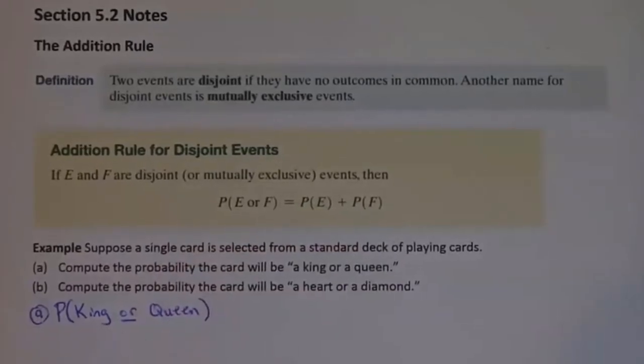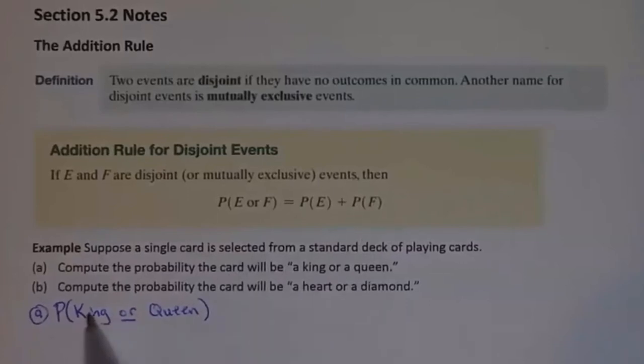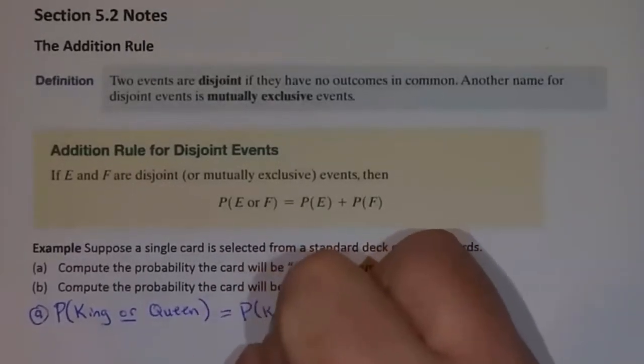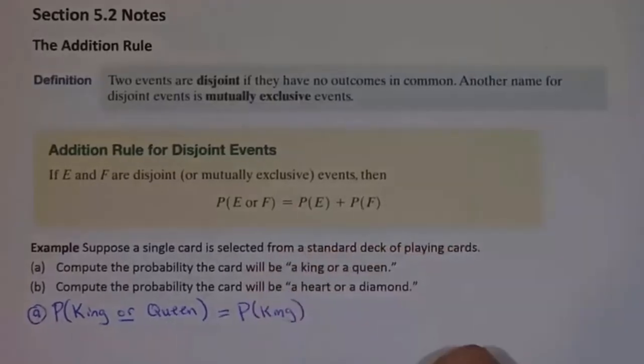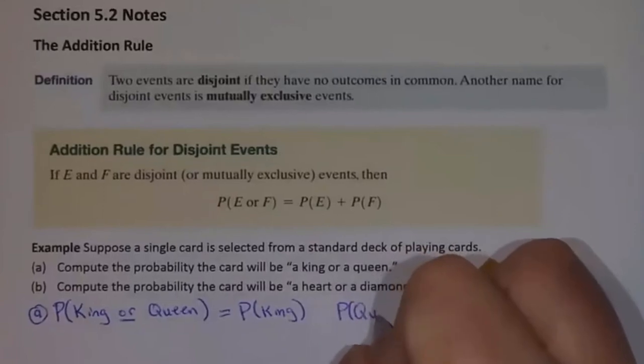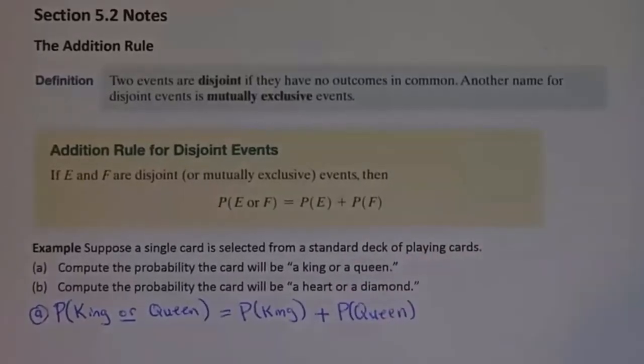Since drawing a king and drawing a queen are disjoint, all I have to do is figure out the probability of drawing a king, the probability of drawing a queen, and add those two things together.